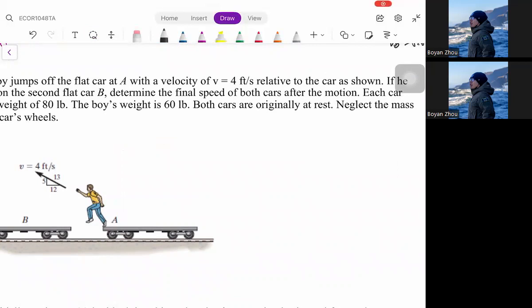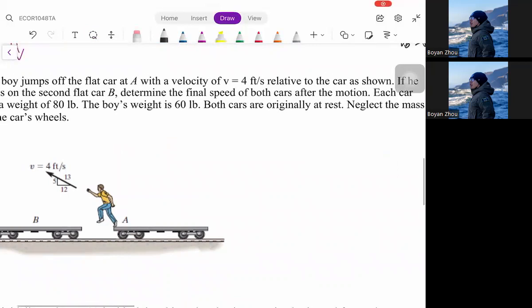The momentum is equal to mv, and the impulse is force times the time of the force.